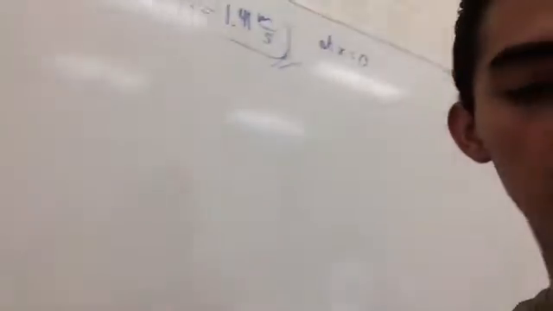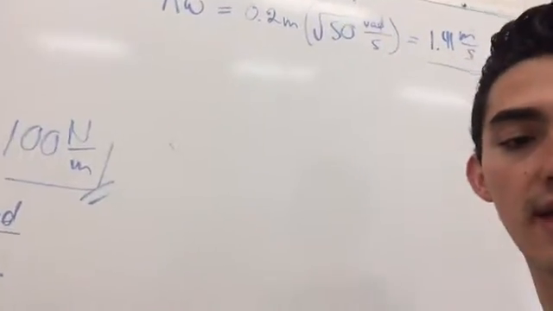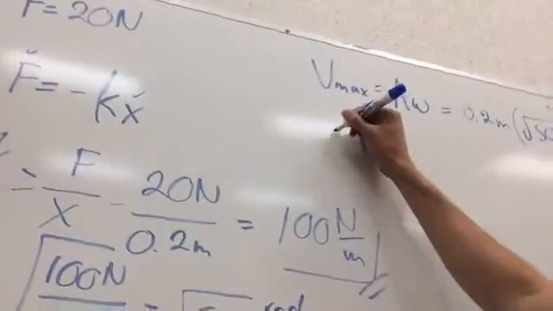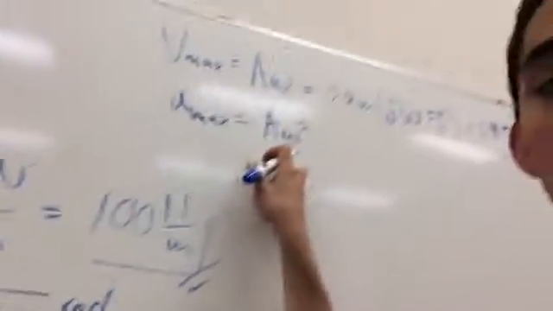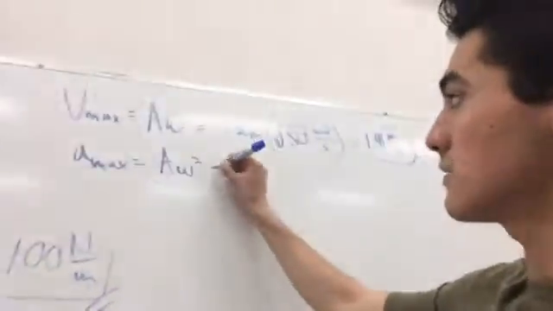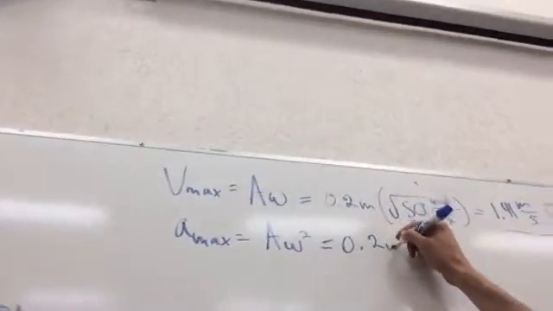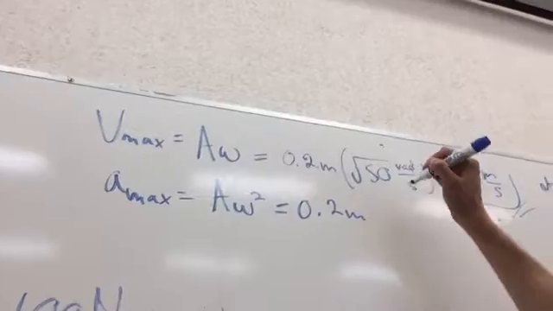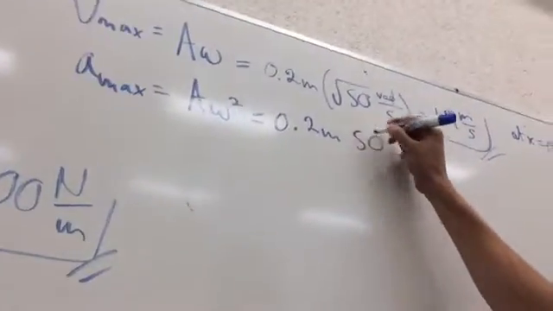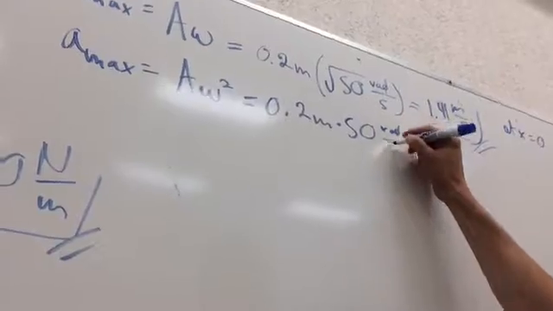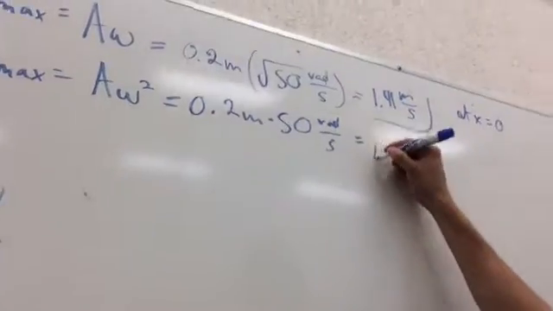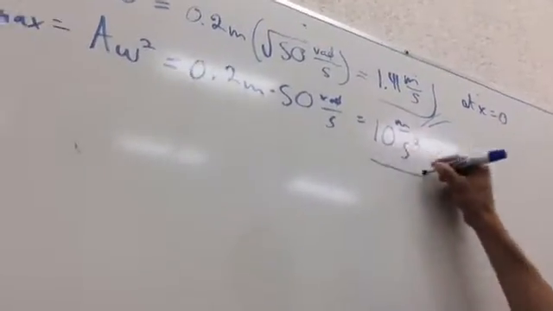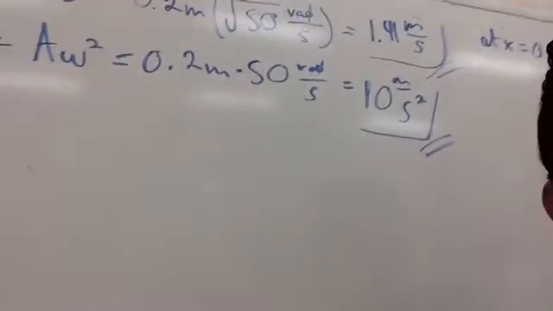Now, we were asked to calculate the maximum acceleration and where it occurs. For the maximum acceleration, we have the amplitude times omega squared. It's the same as before, but here the square root gets cancelled, so we obtain only 0.2 times 50 radians per second squared, which gives 10 meters per second squared, the maximum acceleration. And where does it occur?